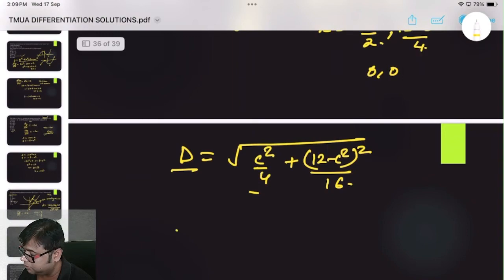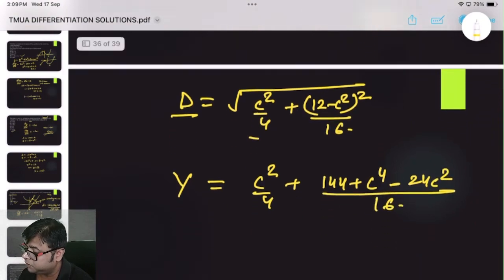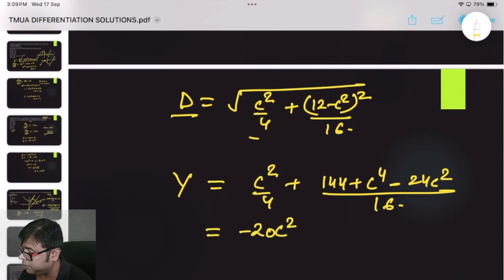So let me take this expression as y is equal to c square by 4 plus 144 plus c to the power 4 minus 24c square upon 16. If I take the LCM, it will give me 4c square minus 24c square, so minus 20c square, or c to the power 4 minus 20c square plus 144. This is what I will get upon 16.